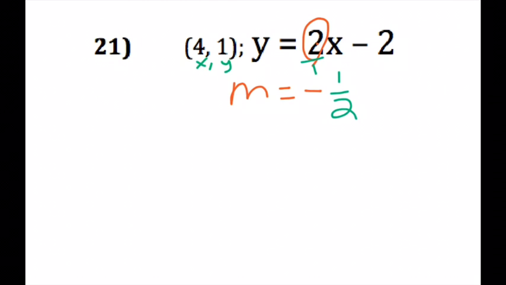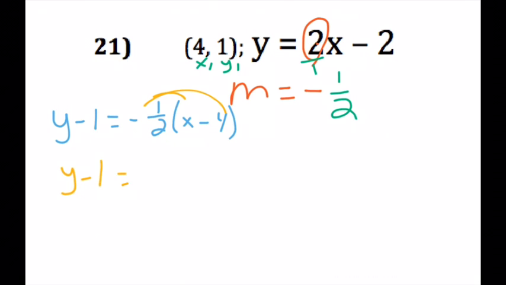Here's my x1, y1. So I'm going to plug that in. Y minus 1 equals negative 1/2 parenthesis x minus 4. Distribute the negative 1/2 through. Y minus 1 equals negative 1/2 x plus 2.